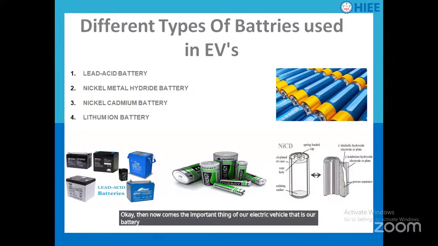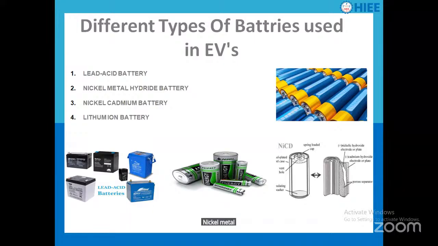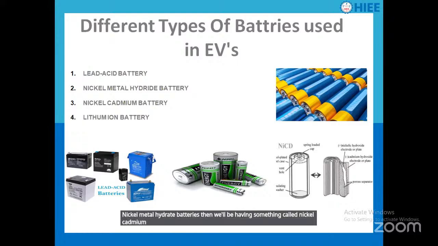Whenever we talk about battery technologies, we are majorly using 3 different types of batteries: lead acid batteries, nickel metal hydride batteries, nickel cadmium batteries, and lithium ion batteries. If we observe these types of batteries, can anyone explain the working principle inside the battery?